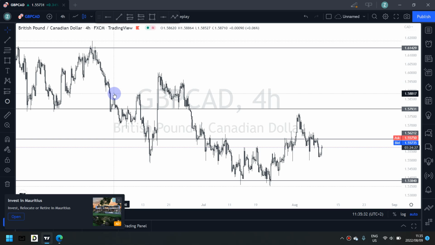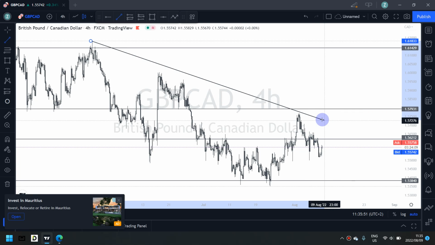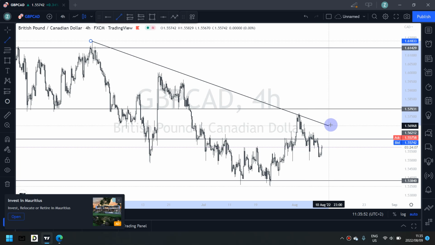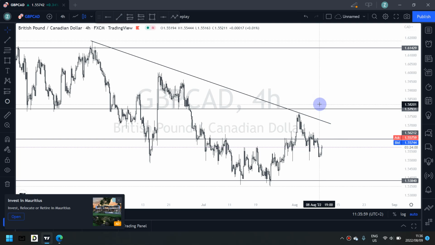So now that I have my key levels, this is the structure that I'm seeing on this GBPCAD pair, I mean this trend line.